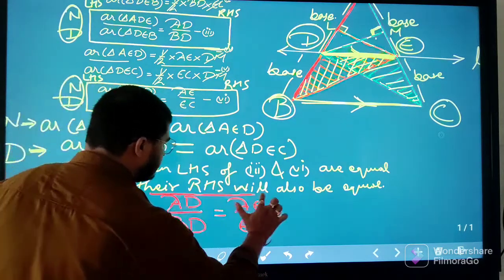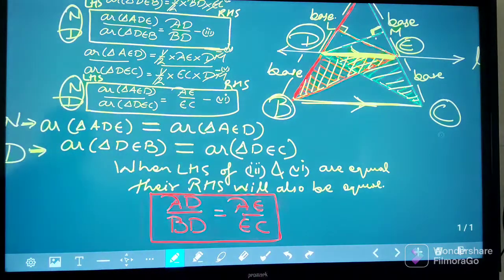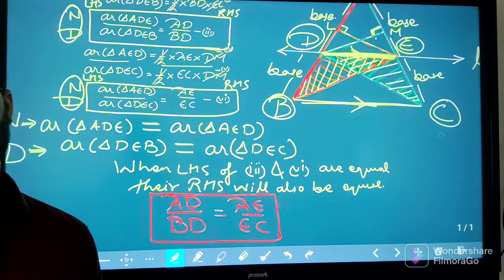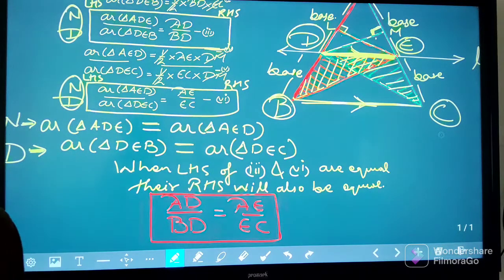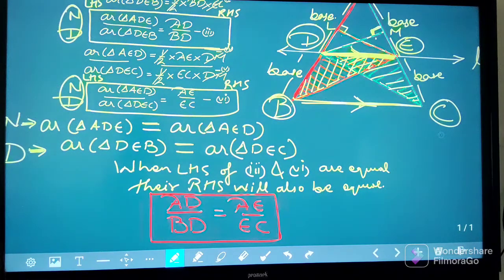And guys, is it not the Thales theorem? Yes, that was what the Thales theorem was saying. So this is the proof of Thales theorem. This way you have to proceed step by step to get to this result.